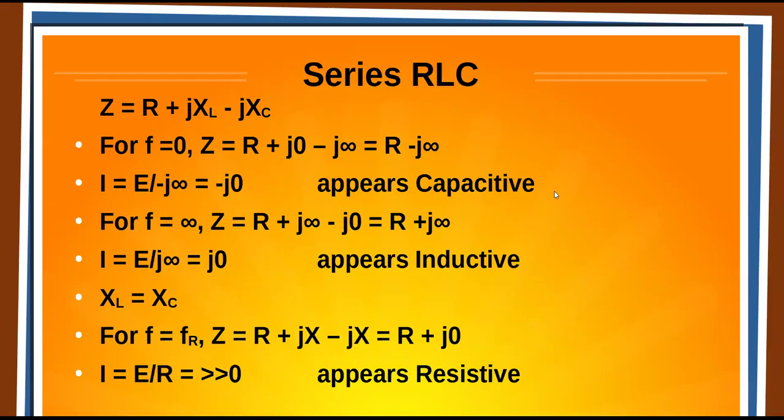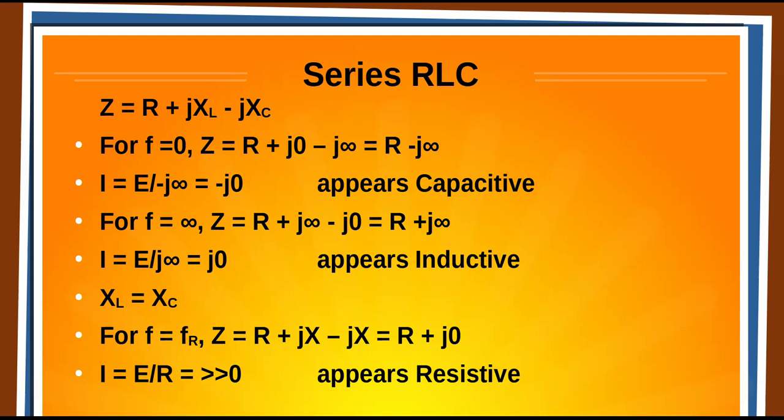So let's talk about a series RLC circuit. The impedance is going to be the real part, or resistance, plus the inductive reactance minus the capacitive reactance. If you have an L and a C, you add the reactances where capacitive is negative, and the result gives you R plus or minus J, depending on what it is.